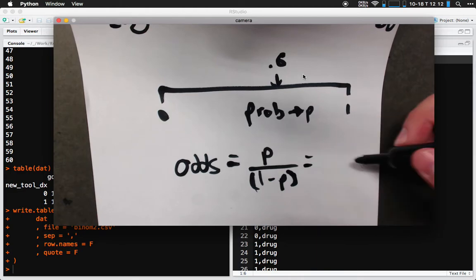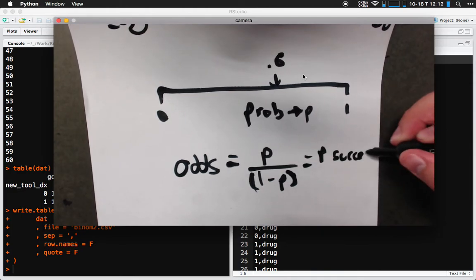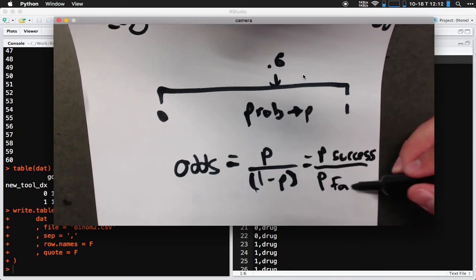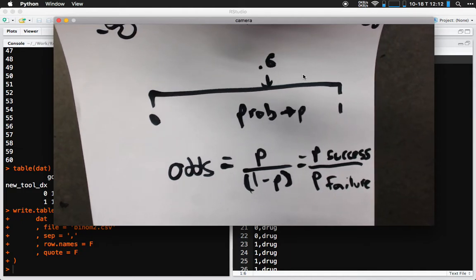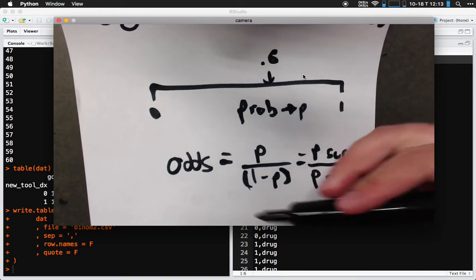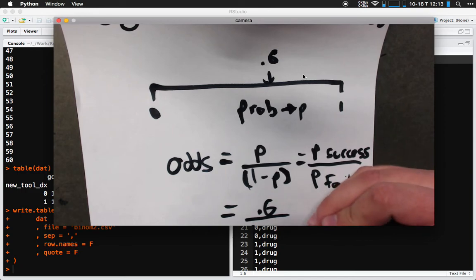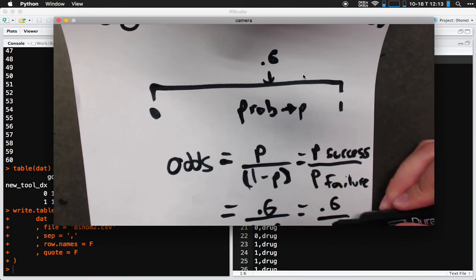You can also think of it as the probability of success divided by the probability of failure. So if we have 0.6 there, the odds are going to be 0.6 divided by 1 minus 0.6, same as 0.6 divided by 0.4.